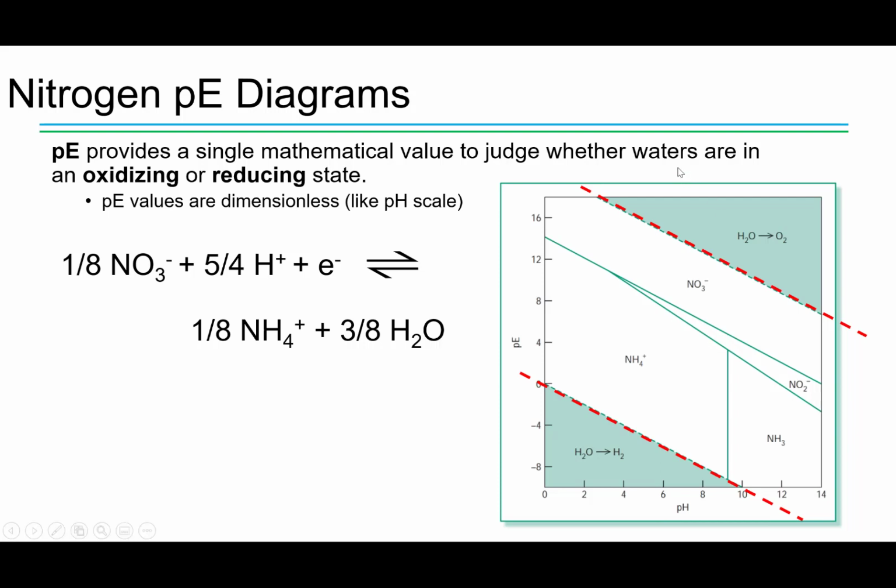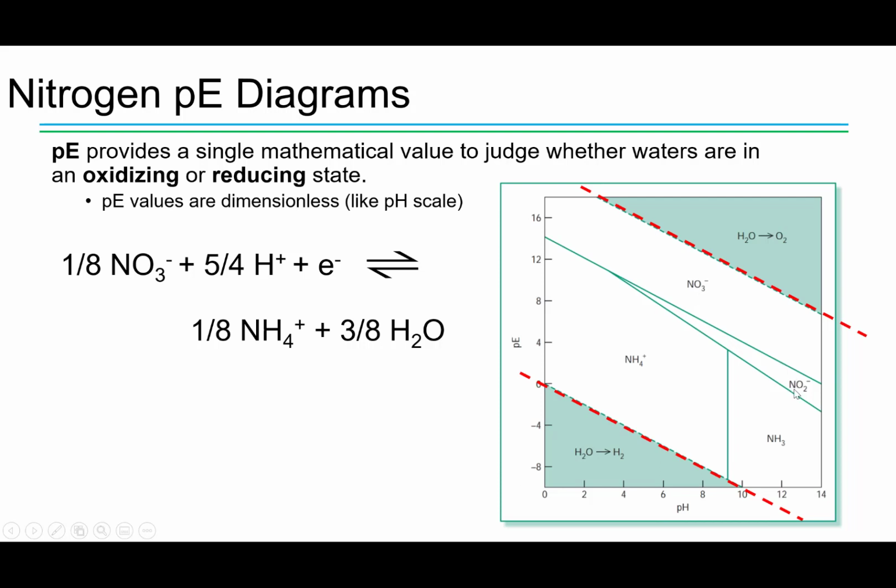Last time we looked at the pE-pH diagram of iron, and here we want to look at the pE-pH diagram of nitrogen and show you how the diagram is related to the pE-pH expression. So if we look at the pE-pH diagram of nitrogen, not surprisingly, we see that more oxidized forms of nitrogen, nitrate and nitrite, predominate at higher solution potentials, where in nitrate, nitrogen is in the +5 oxidation state.